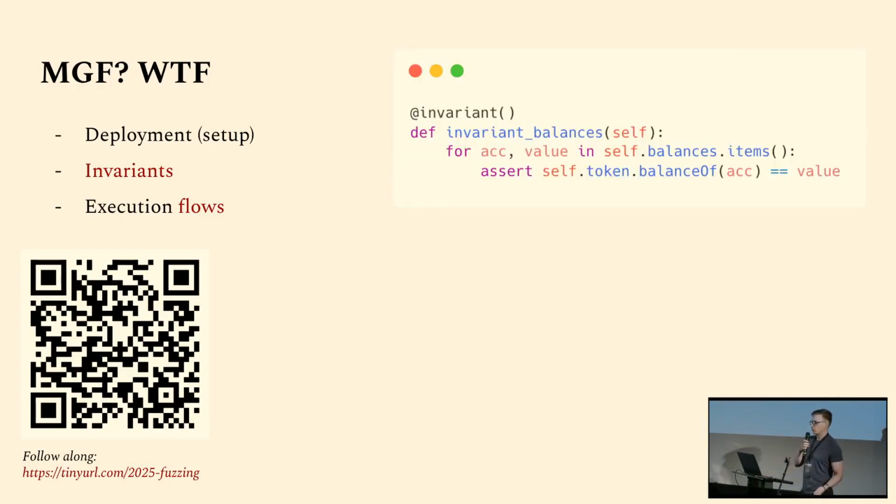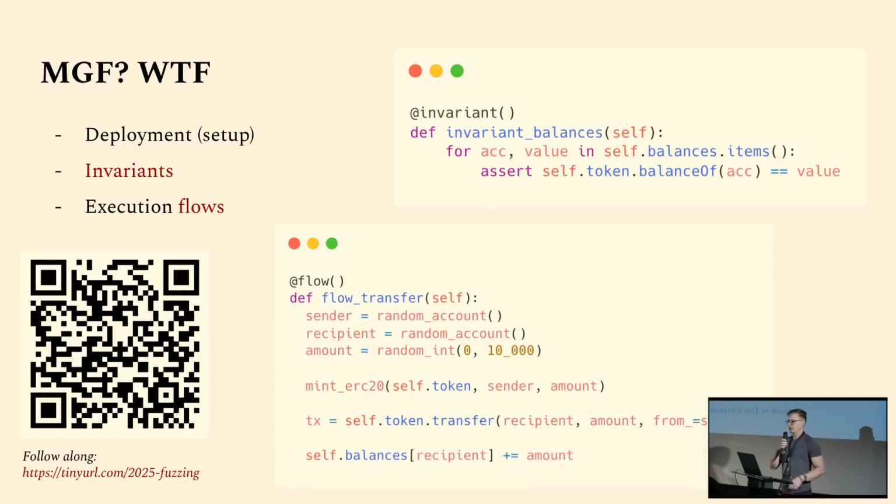So this is an example of an invariant, and actually this is the syntax from Wake, from the testing framework, and it's in Python. So there's some decorator for invariant, then we define the function, and finally make some assertions. It's quite simple, straightforward. And the second one is something we call flow. So again, it's in Python, in Wake, and this is where we define how we want to execute that given transaction.